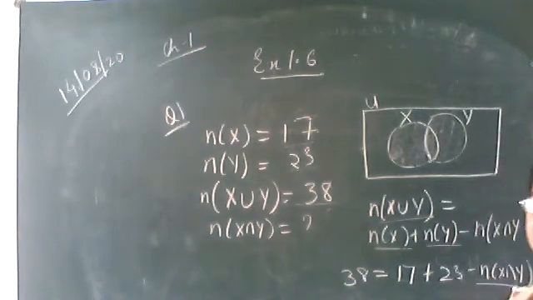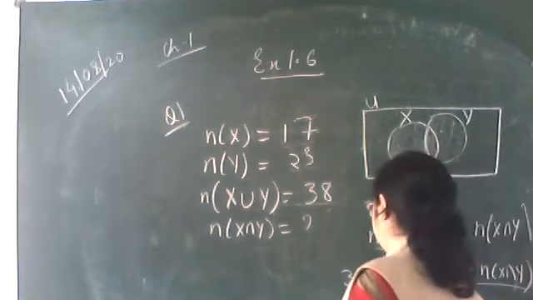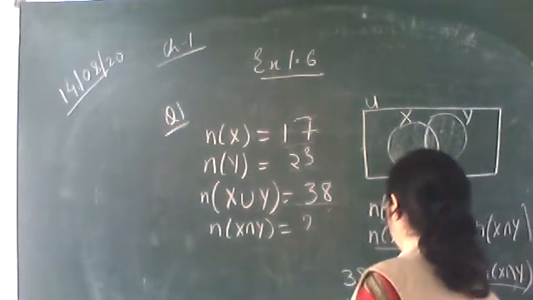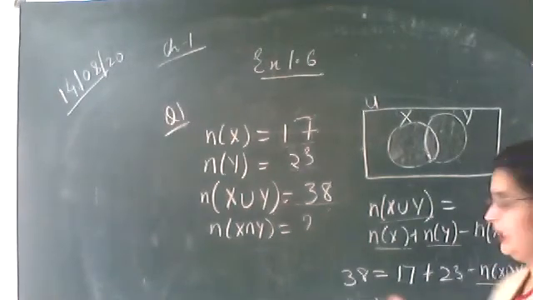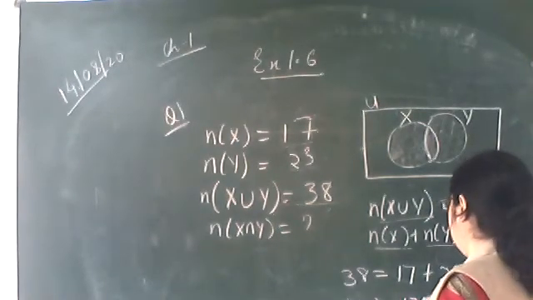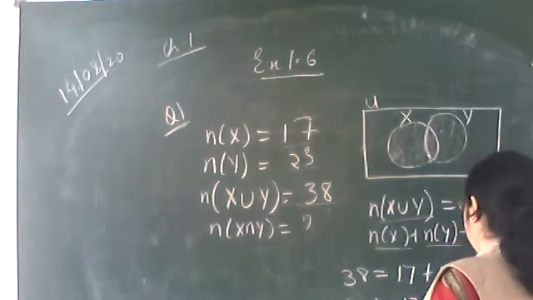Now n(x intersection y) will come to this side. Here it was minus; if you bring it this side, it will be plus. So n(x intersection y) is equal to 17 plus 23 minus 38.